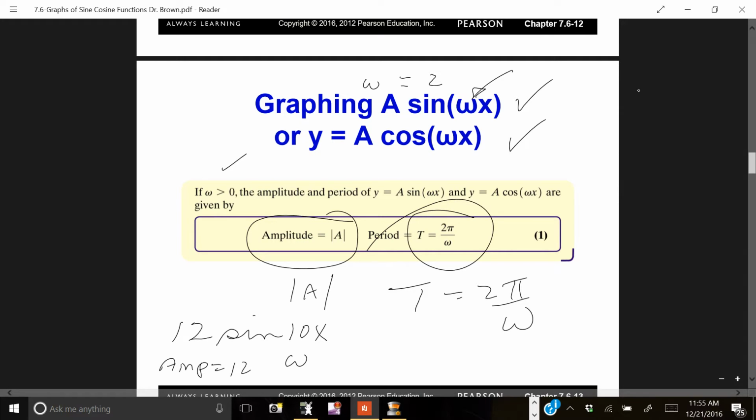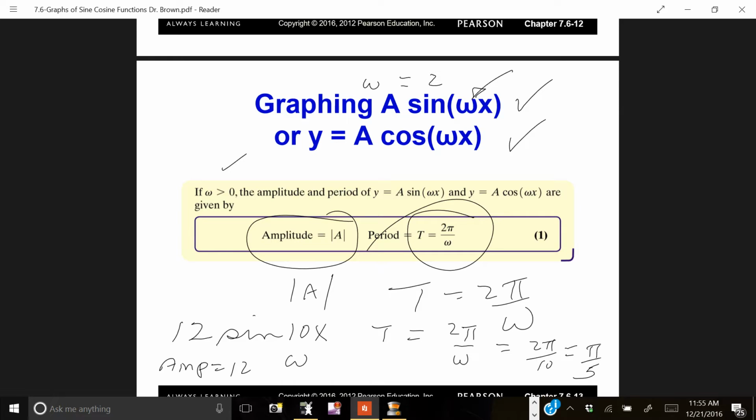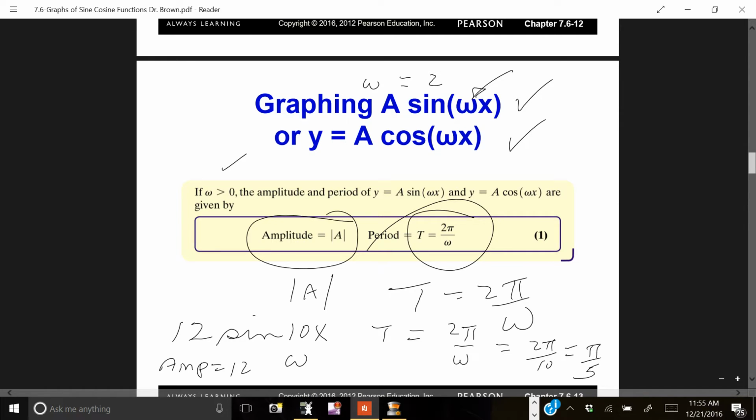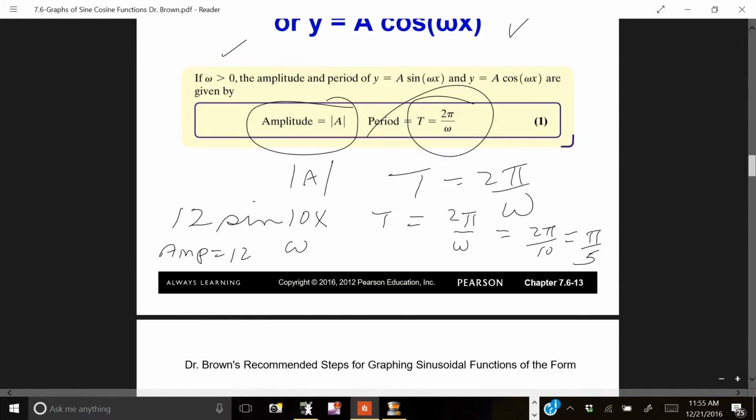So the period would be 2 pi over omega equal 2 pi over 10 equals pi over 5. So that is the period. So when you look at the sinusoidal function, you'll need to determine what the amplitude is and what the period is, and that will help you determine what x min and y min should be.